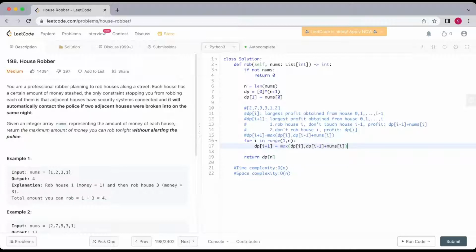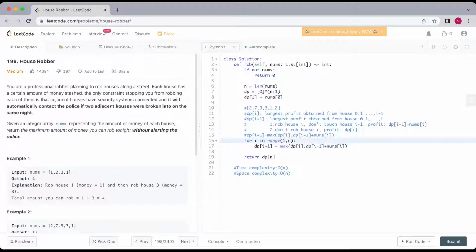Here's a trick for dynamic programming problems. We really need to pay attention to the i plus 1, i, and i minus 1. Some plus and minus will dramatically influence our results. We need to pay more attention to it.